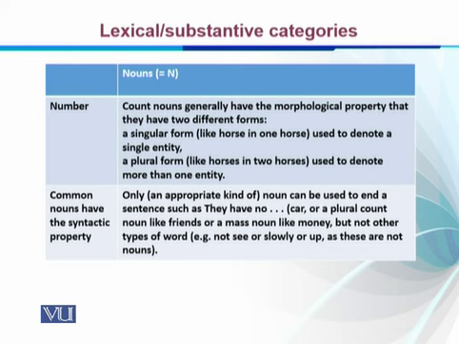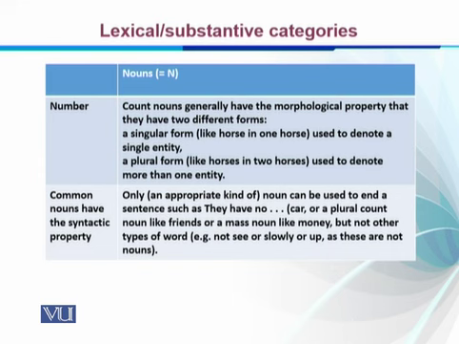Common nouns have a syntactic property. Only an appropriate kind of noun can be used to end a sentence. For example, they have no ___. So we have to put a common noun. We can put a car. We can say, for example, they have no money, a mass noun, or a plural noun, they have no friends.